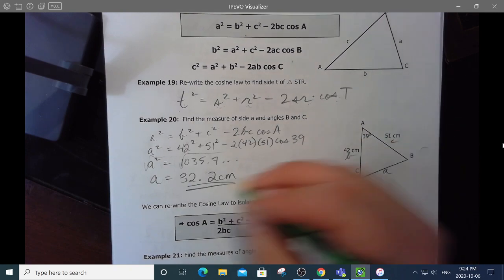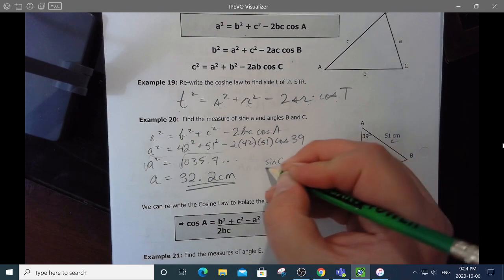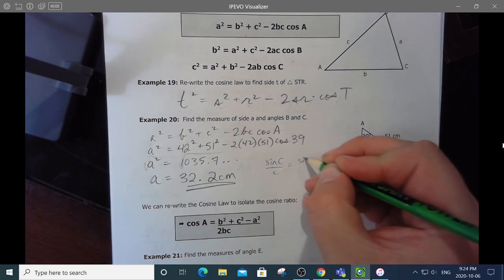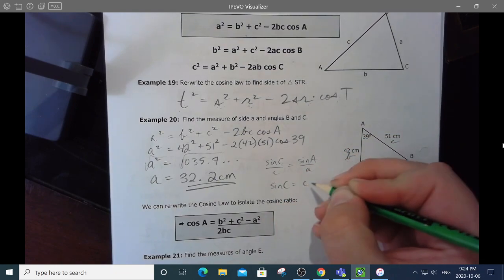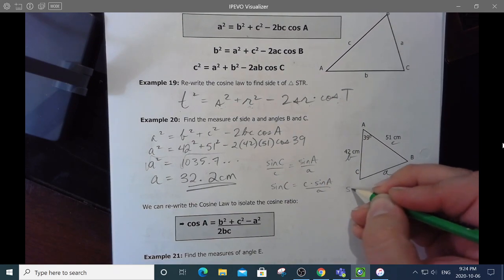Let's use this to find, say, angle C. So the sine of angle C over C is equal to, and now I know A across from A, so that'll be the sine of angle A over A, which means the sine of angle C is equal to C times the sine of angle A over A. And this is the smallest I've ever written in my life.